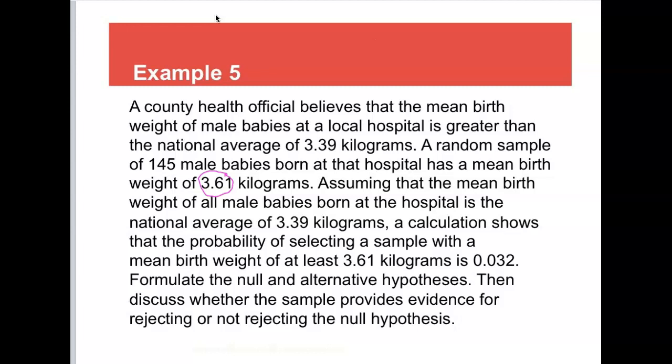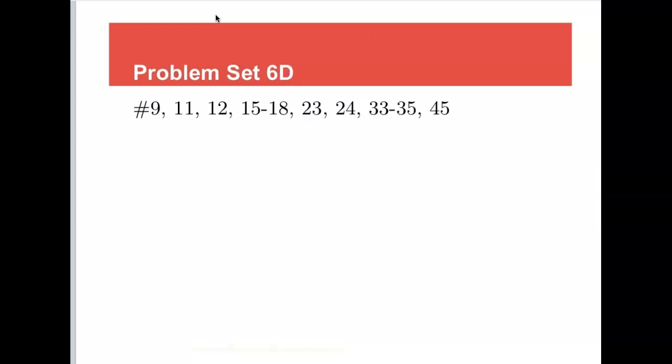Assuming that the mean birth weight of all male babies born at the hospital is the national average of 3.39 kilograms, a calculation shows that the probability of selecting a sample with a mean birth weight of at least 3.61 is 0.032. Formulate the null and alternative hypothesis, then discuss whether the sample provides convincing evidence for rejecting or not rejecting. Okay, the null hypothesis.